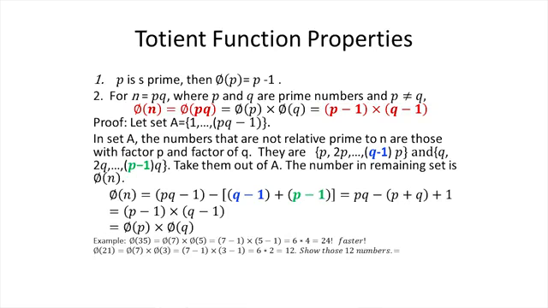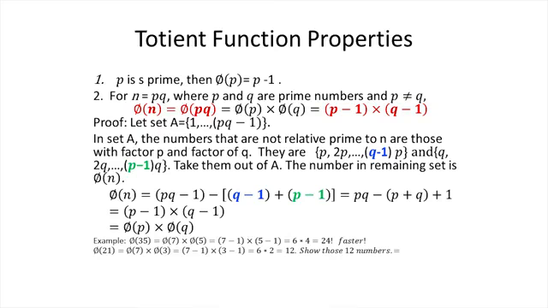So phi of n is equal to PQ minus 1, minus the factors of P, which is Q minus 1, and minus the factors of Q, which is P minus 1. Therefore, it is PQ minus 1 minus the square bracket of Q minus 1 plus P minus 1.